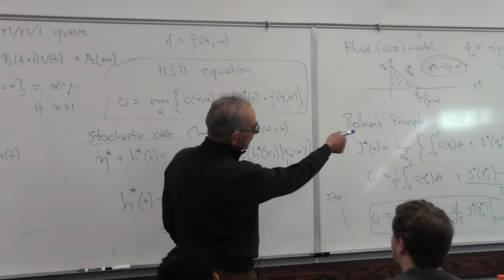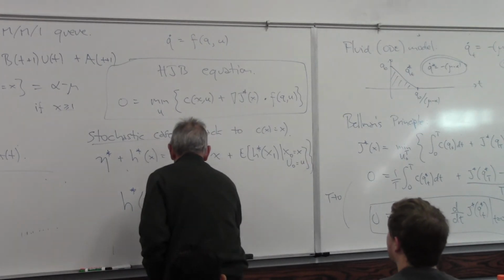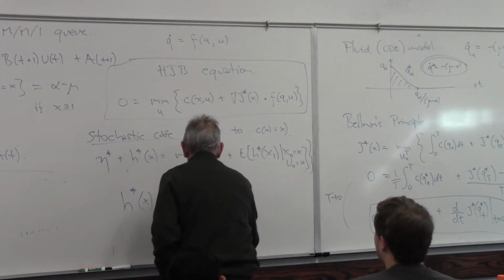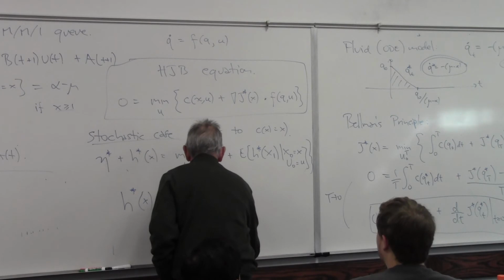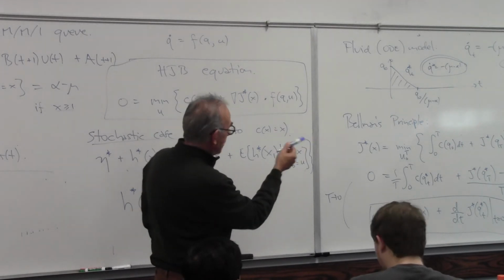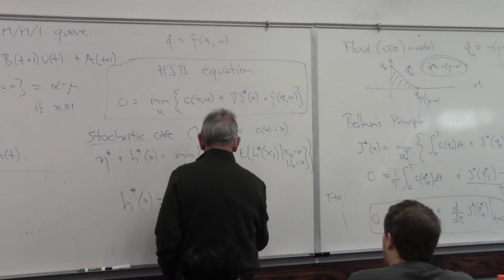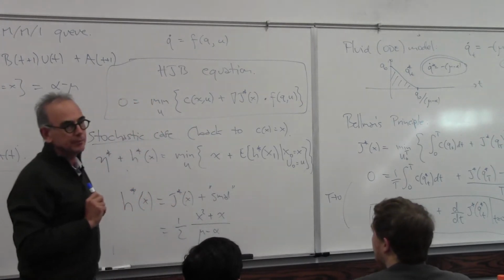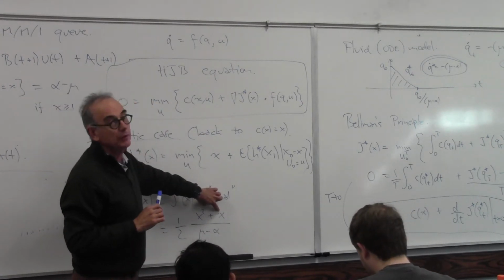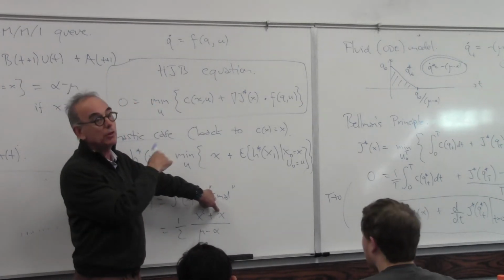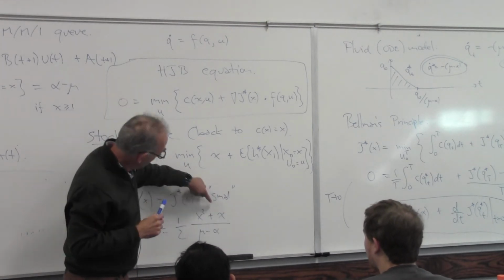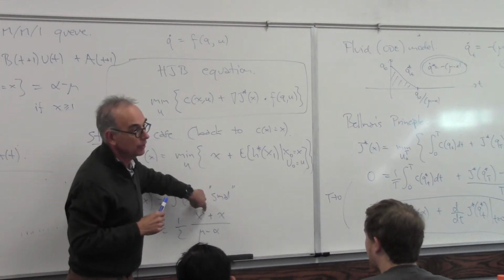And I'll be more precise, it's that. And what am I missing? I'm missing an x. Right? So there is a difference between the stochastic and the fluid solutions in this case, but it's a very small difference compared to this, right?